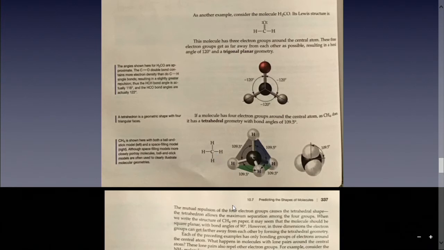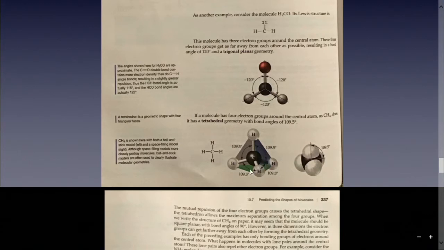So if you have 4 electron groups like this, you're going to have tetrahedral. So tetra is 4. You're going to have tetrahedral geometry. Now, you're not going to have 120 degrees because of the way these space themselves out. This is actually totally 3D. So you have an up axis, and you kind of have these going down and to the left and down and to the right, or down and away from you.